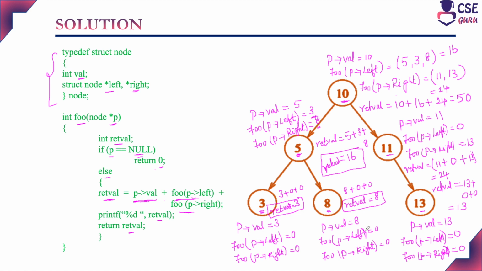Then, after printing 13, it will move towards its root node 11, and its return value is nothing but 24. Then it will move to the top root node, that is 10, and its return value is nothing but 50. So the return values printed in order are 3, 8, 16, 13, 24 and 50.